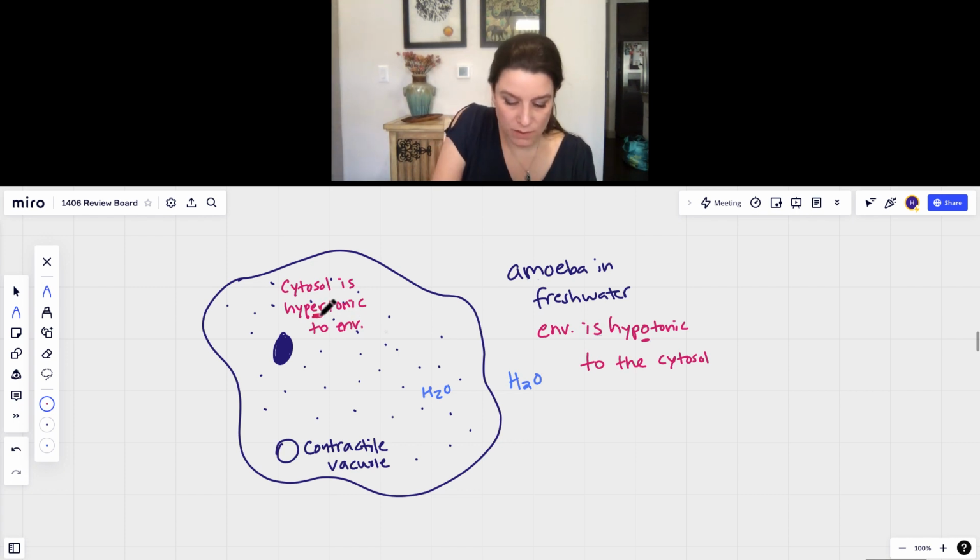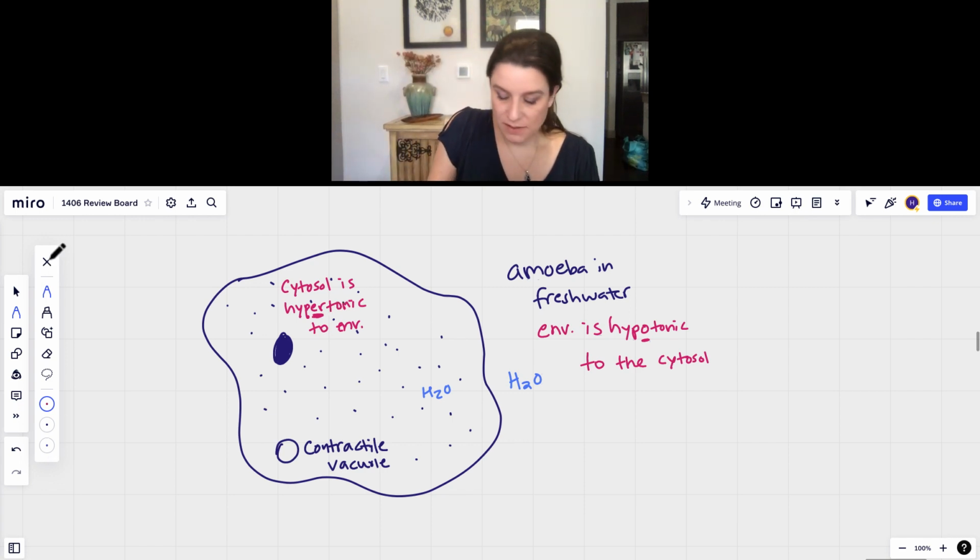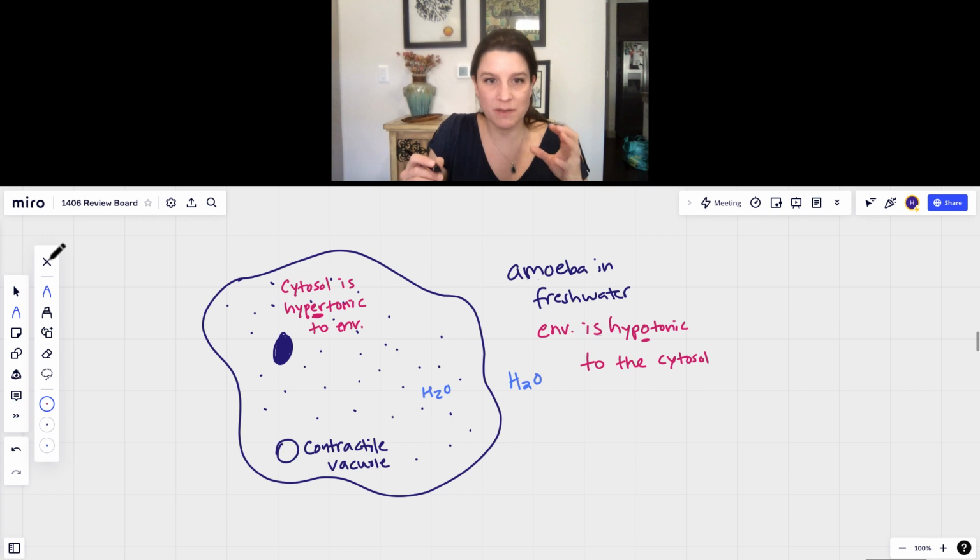Hyper means more, like hyper children have more energy. Okay, so what does that mean for water? Some solutes can even themselves out, but a cell cannot be isotonic with fresh water, because cells have to have stuff inside of them. Isotonic would mean it has only water inside of it. That would never work.